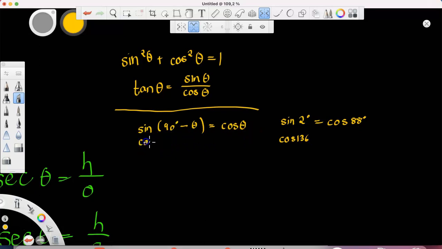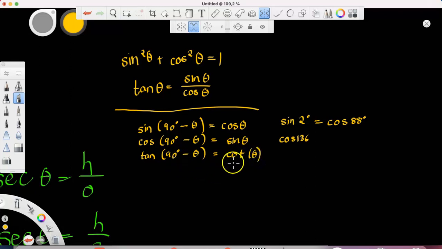The same goes for cos: cos of 90 degrees minus theta is equal to sine of theta. They're exactly the same. And tan's co-ratio is cot. So tan of 90 degrees minus theta is cot theta. Now this one you're not really going to use.